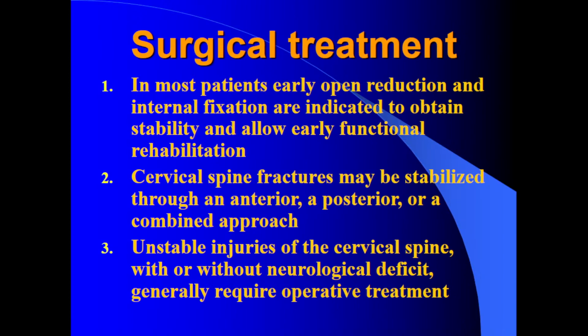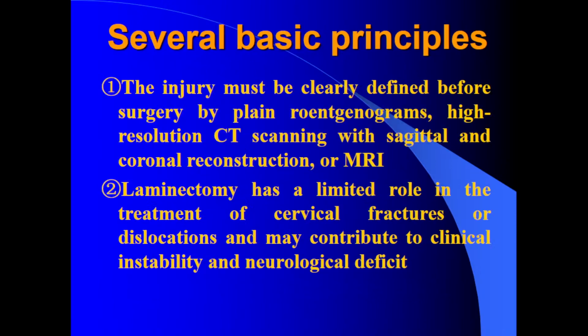For the cervical part, a posterior approach is not dangerous as well, but fixation of the vertebrae will be simpler if you use an anterior approach. I will explain why a little bit later.